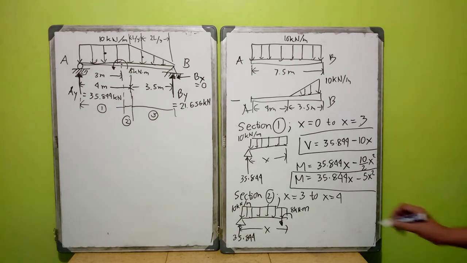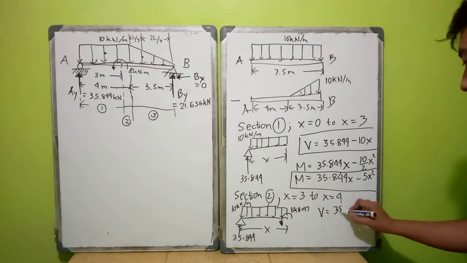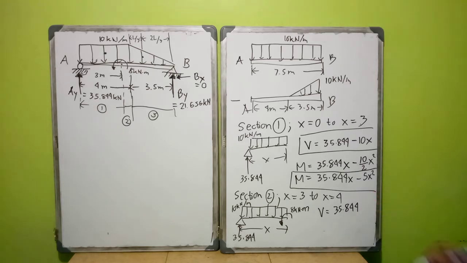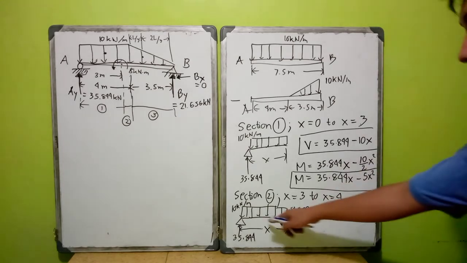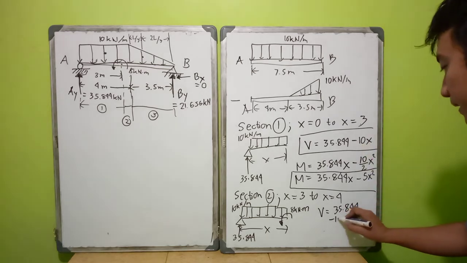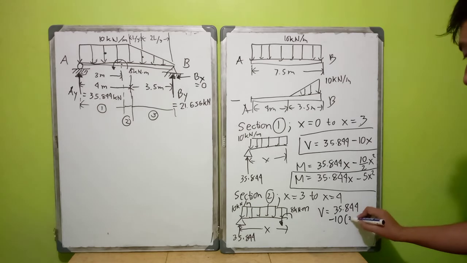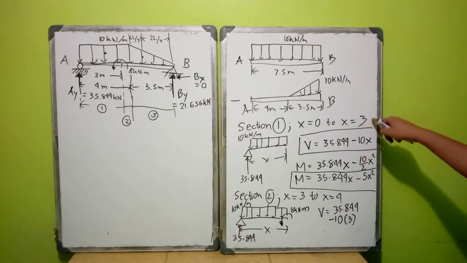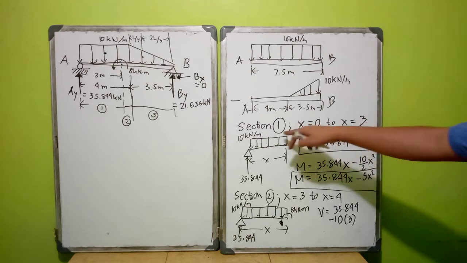Okay. So therefore, we have V is equal to 35.844 times... Minus 10 times 3, since we are already done with section 1.